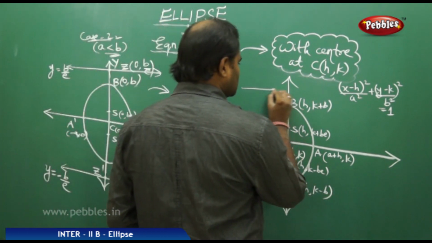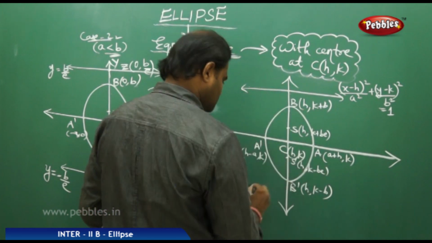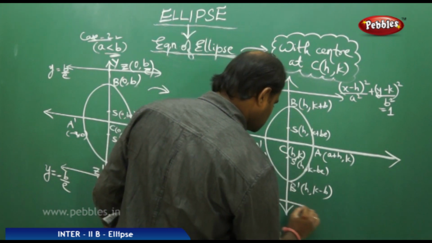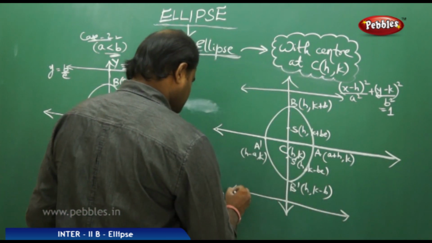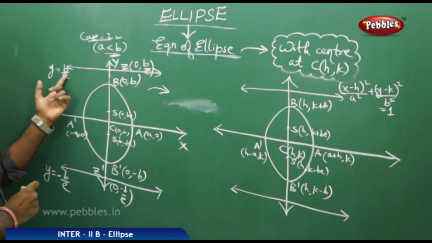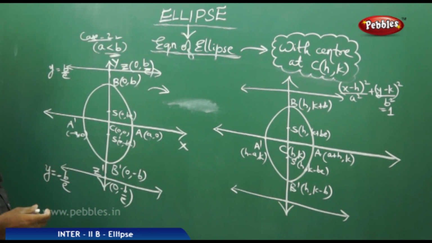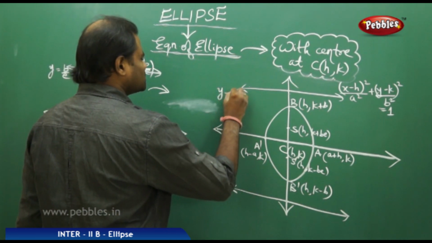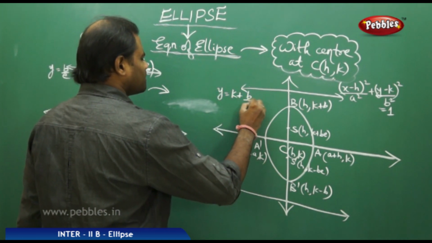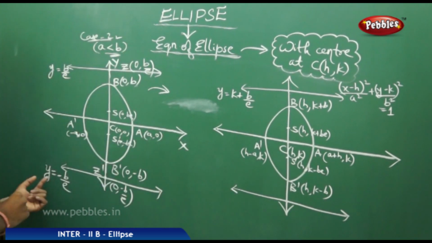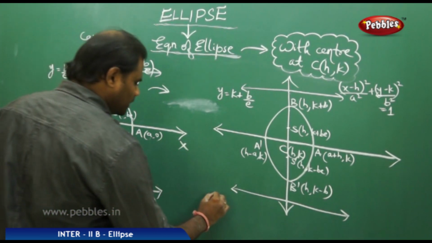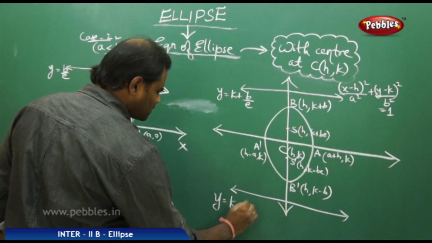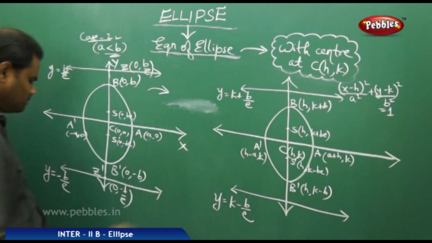And the directrix, which is given by y equal to b by e, implies y minus k, that is y equals k plus b by e, and y minus k equal to minus b by e implies y is k minus b by e.